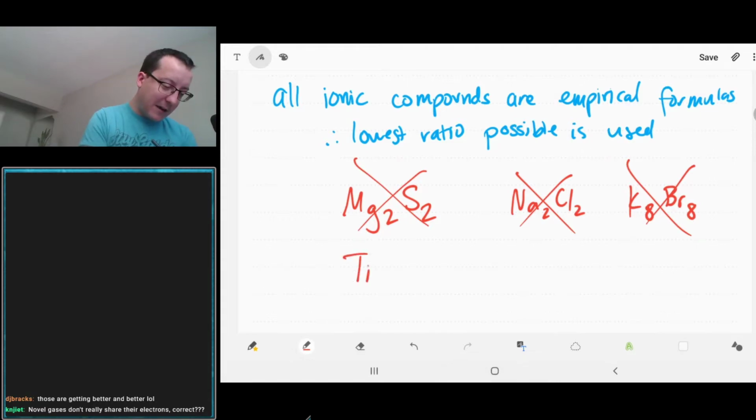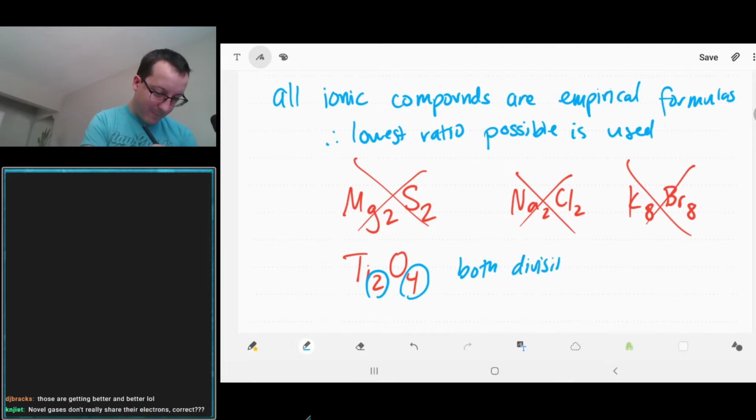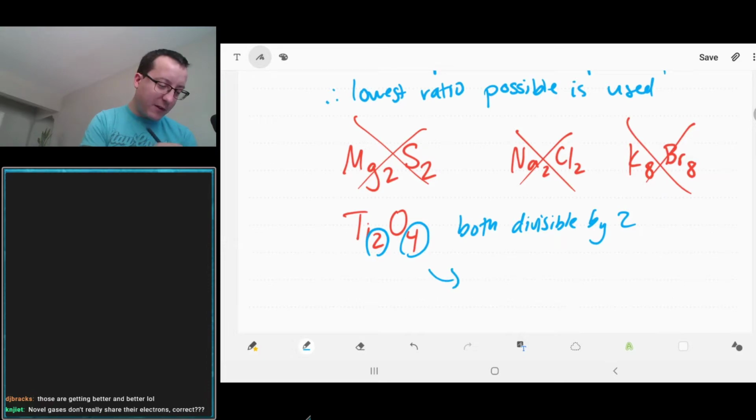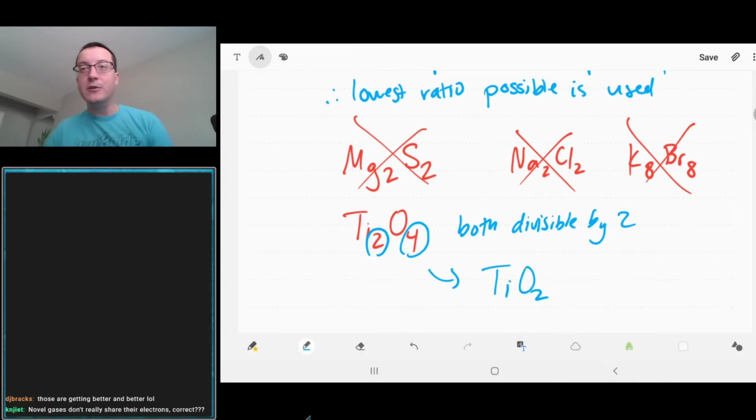So something like this one would also not be good, because this is not an empirical formula, right? We see these are both divisible by 2. And so if we were to draw this one correctly, it should be TiO2.